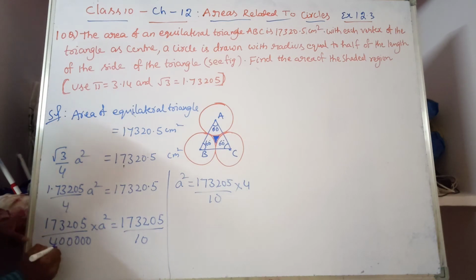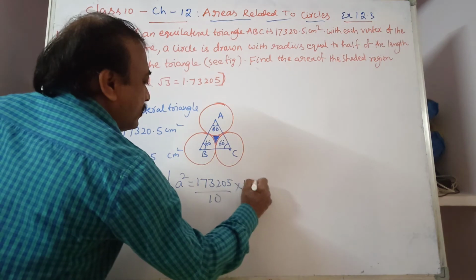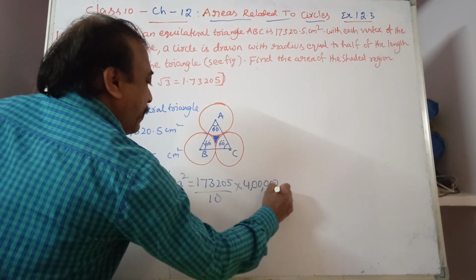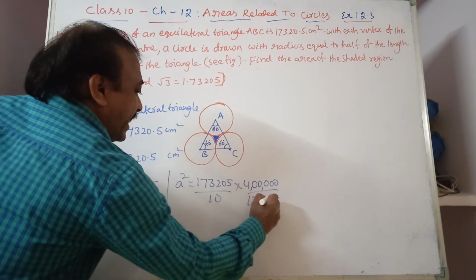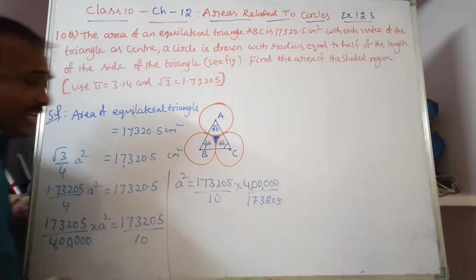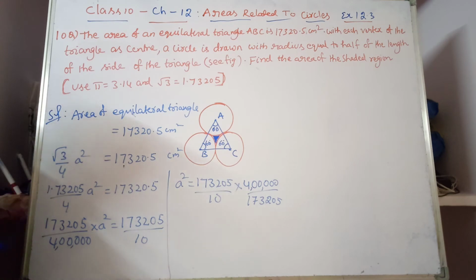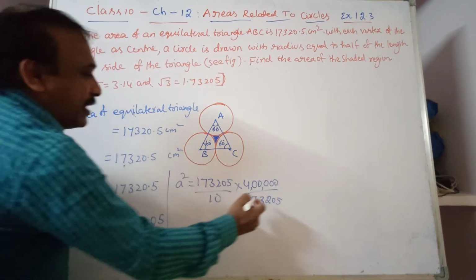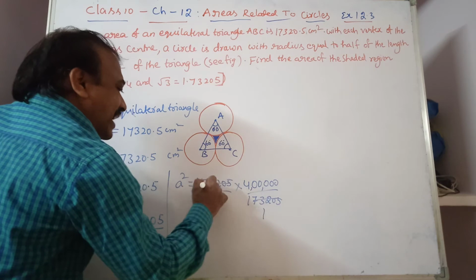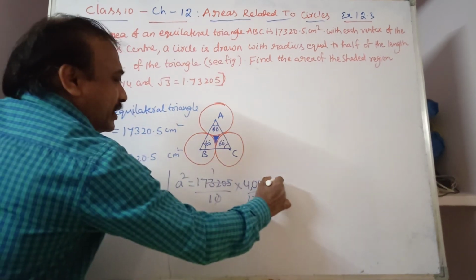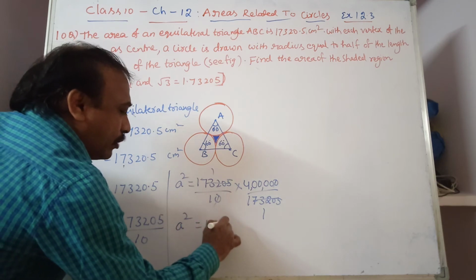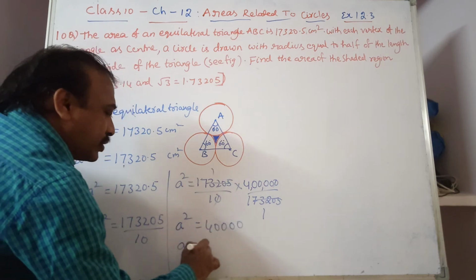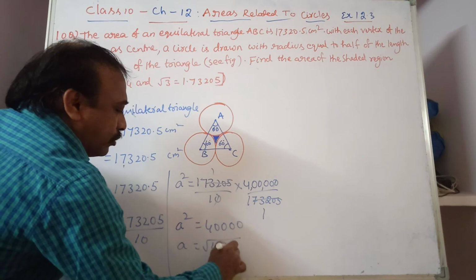So here you have 4 lakhs 400 and 00 by again 173205. Yes, it is a very easy calculation. Am I right? So this cancels one time and this one time. The 10 you cancel. What is left over? A square is equal to 40,000.